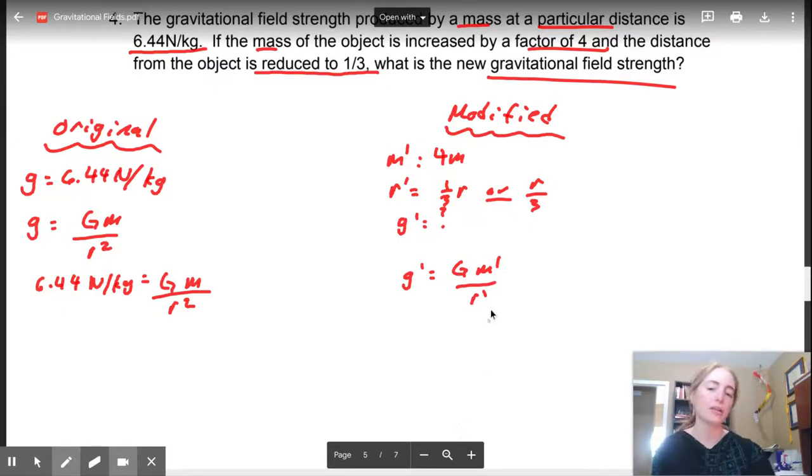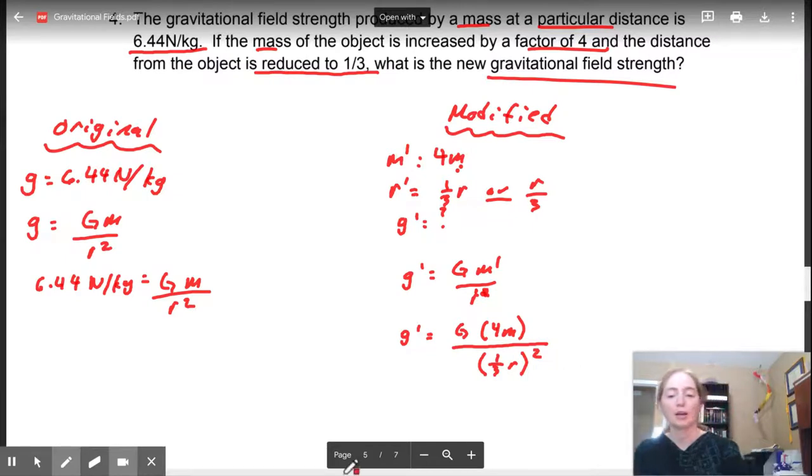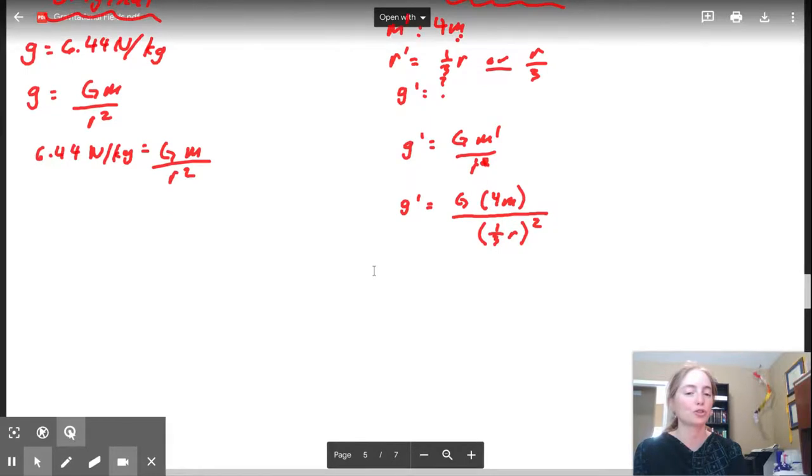I am now going to substitute 4m for m prime, and I'm going to put in 1/3 r for r prime, squared.